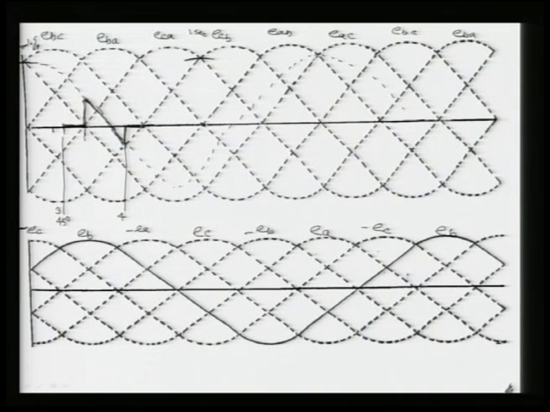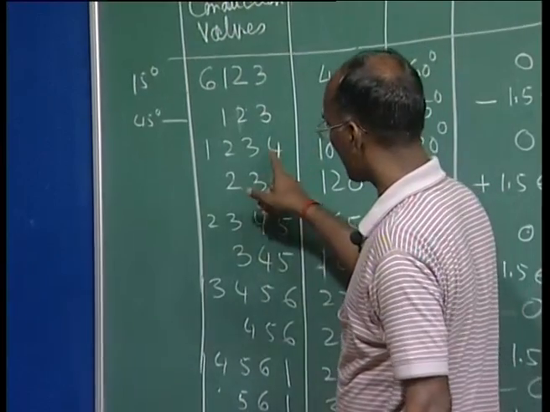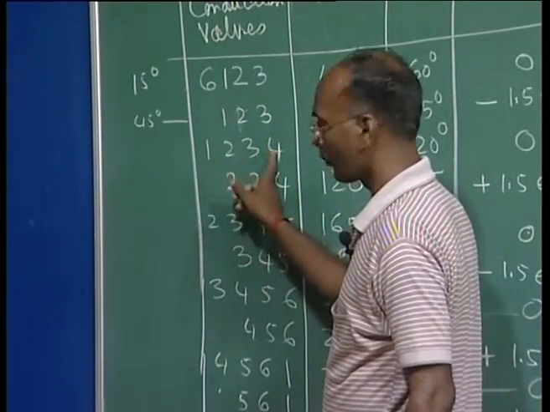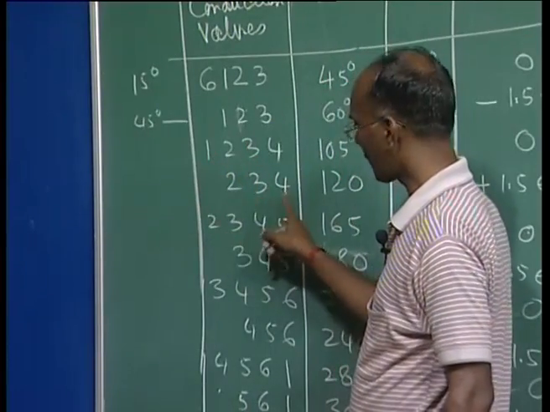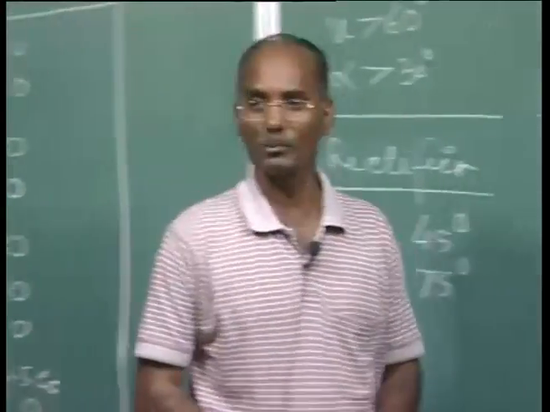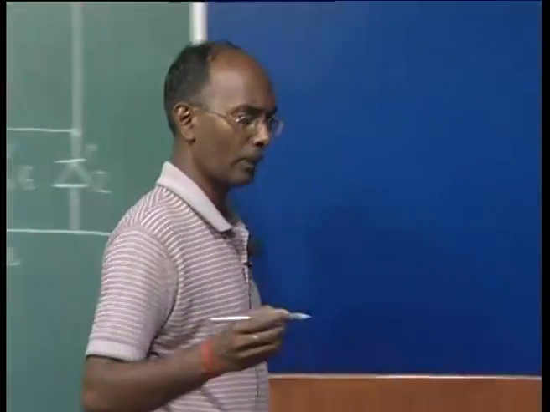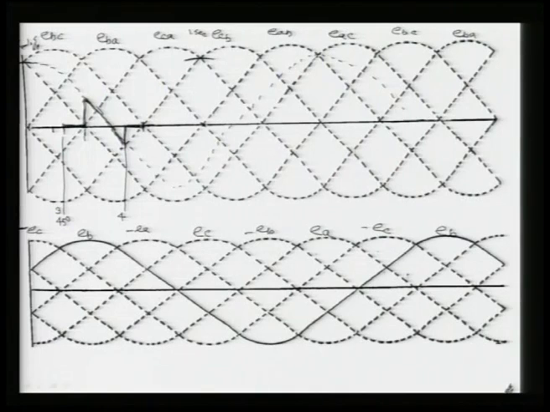Once this goes up to here, 15 degrees, this is a commutation. We have reached here, 4 is given, the commutation between 1 and 4 is over, and now we are having 2, 3, 4. Then we have to see the voltage, and that voltage is 1.5 EB, which is going all the way here.